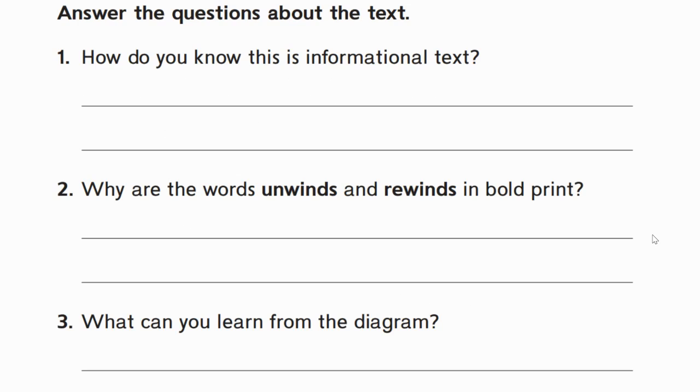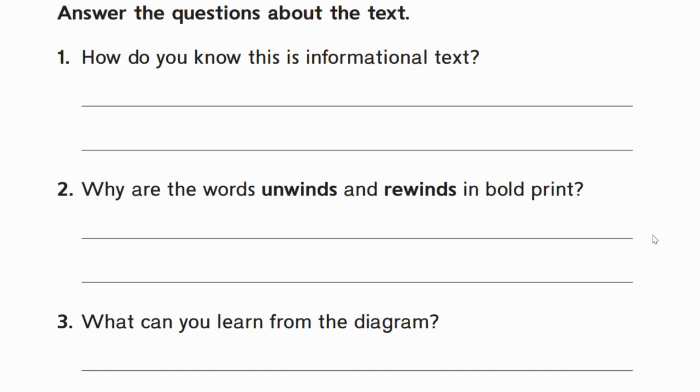Now let's answer a few questions together. Number 1, how do you know this is informational text? Second graders, how do we know that this is informational text? What are the 2 things a story must have to be an informational text? Well, did it give facts and information about a topic?